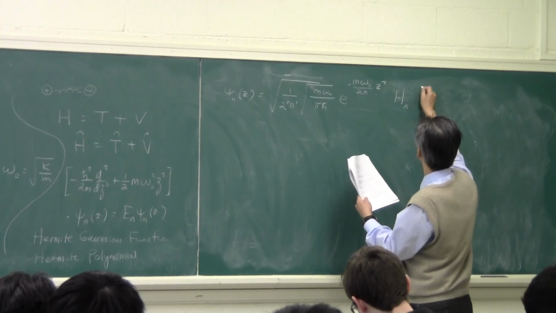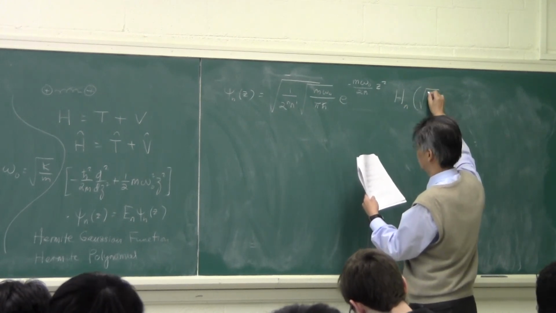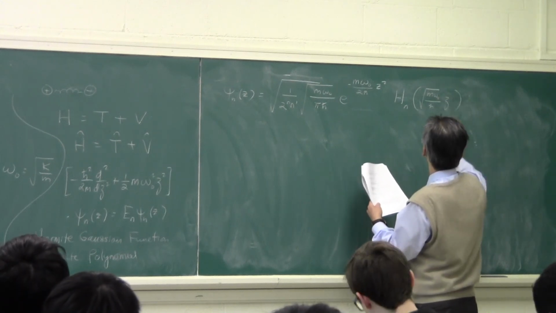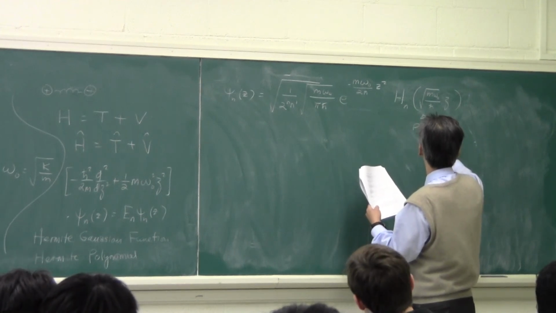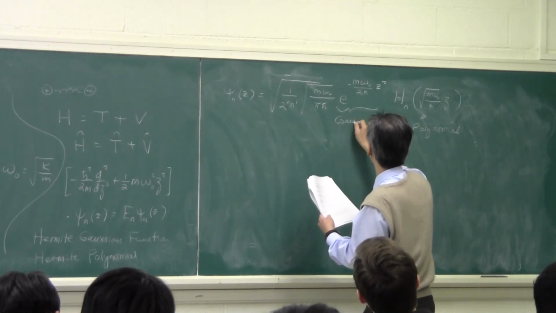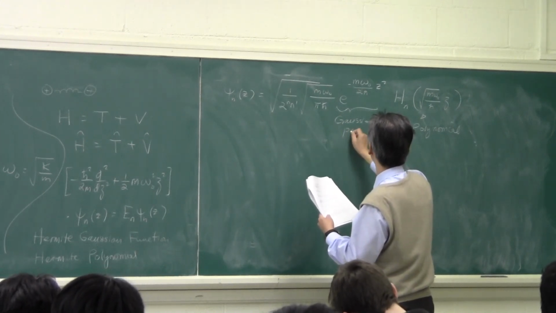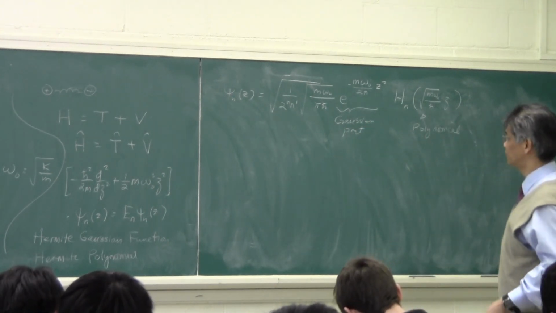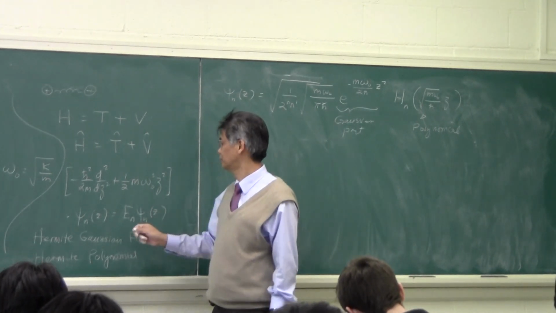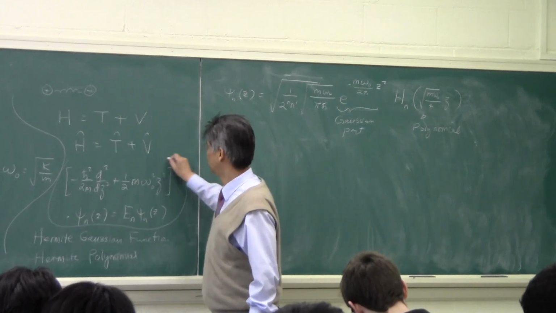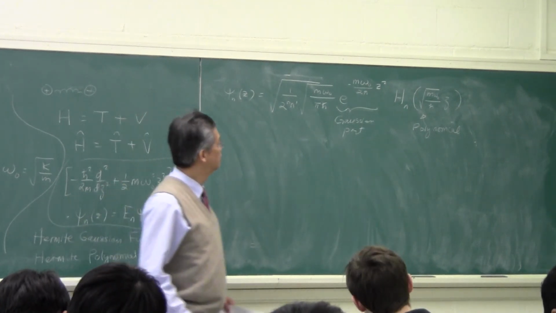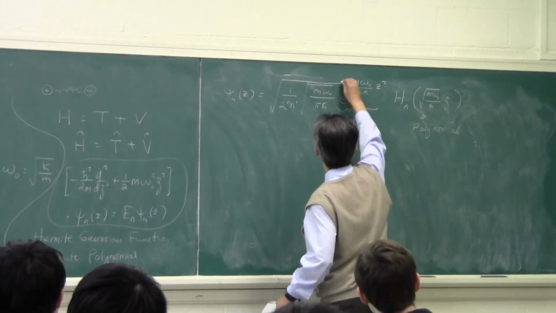The Hermite polynomial is given by this. So this is the polynomial part. This is the Gaussian part. And later on we can show that this function, complicated looking as it is, solves this equation with a parabolic potential. Yes? Is the square root outside going all the way, or is it? Yeah, it should go all the way.